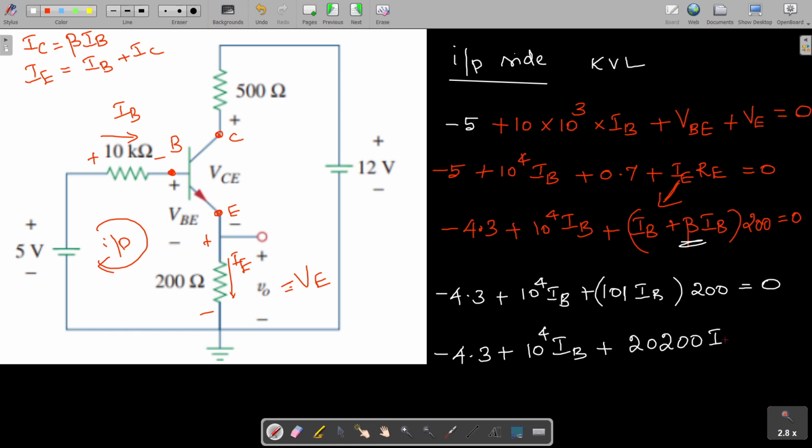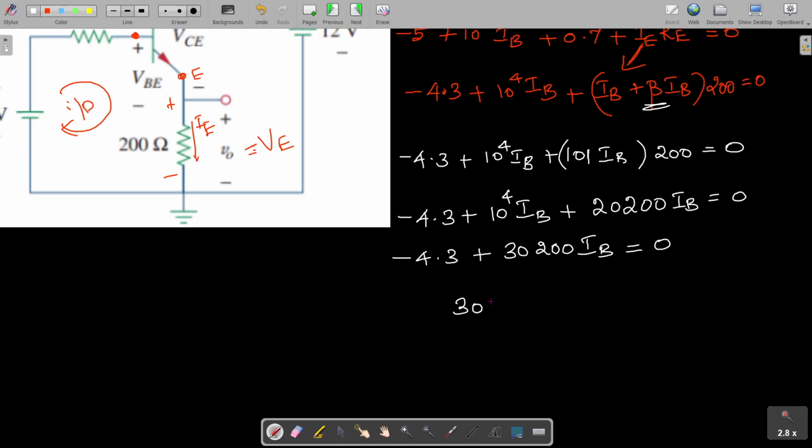20,200 IB, that is equal to, so we can add these two IBs together. So it is minus 4.3 plus this is 10,000, this is 20,200. So in total you get it as 30,200 IB. That is equal to 0. 30,200 IB is equal to 4.3.